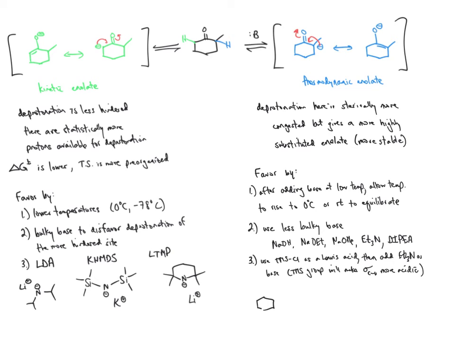And so the way you do this is by taking, let's say, TMS chloride. The TMS group you can think of as just a bulky proton, so it attacks the silicon, makes a positive charge there, and now this proton is a lot more acidic, and so you can undergo deprotonation with triethylamine, and what you'll get is the silyl enol ether.